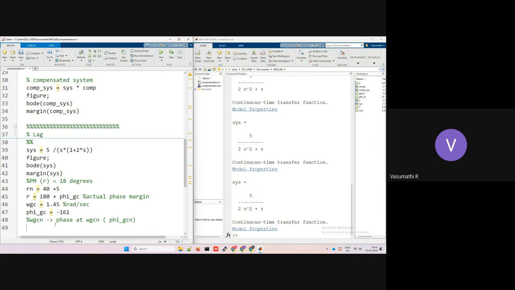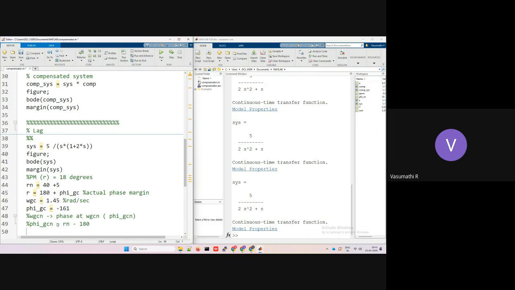So now the relation is that phi GCN equals 180 degrees plus gamma n minus 180 degrees, where you know your gamma n is 45 degrees.